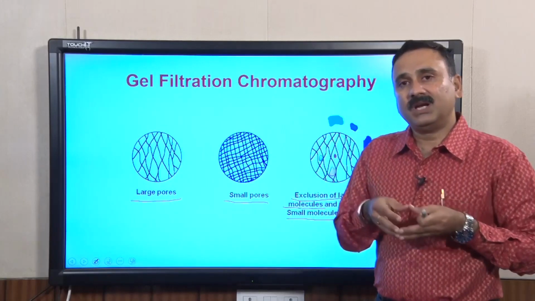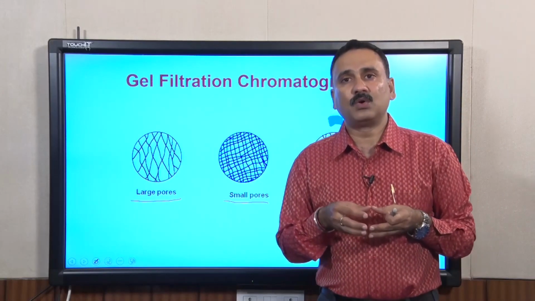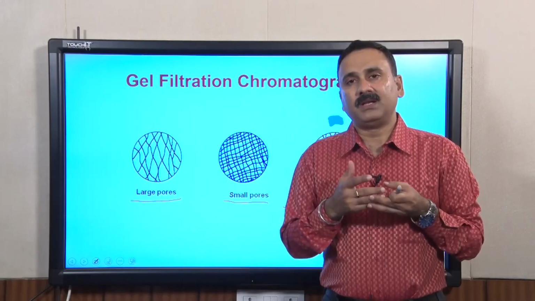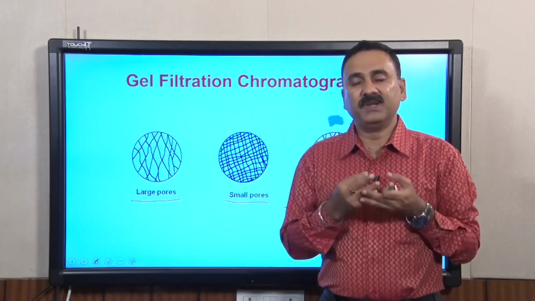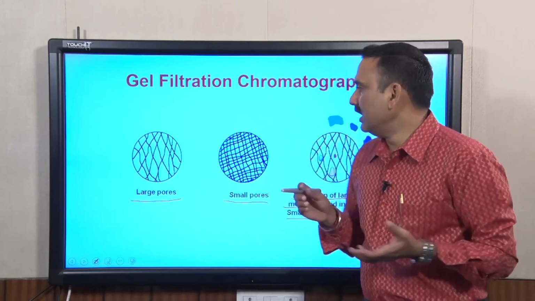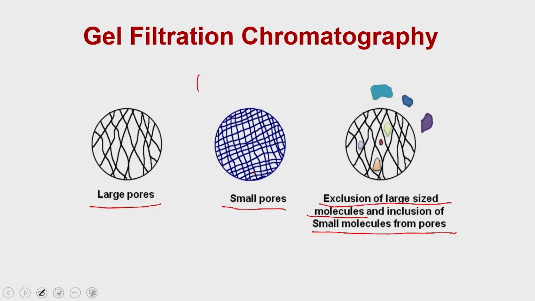That is why gel filtration chromatography is also called a reverse sieving technique, as it does not follow the normal filtration principle. In normal filtration, suppose I am using a filter of 10 nanometer. The particles smaller than this are going to be filtered out, whereas the particles larger than this are going to be retained on the filter.